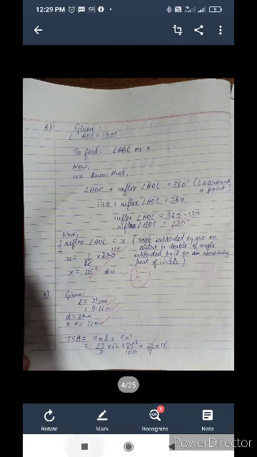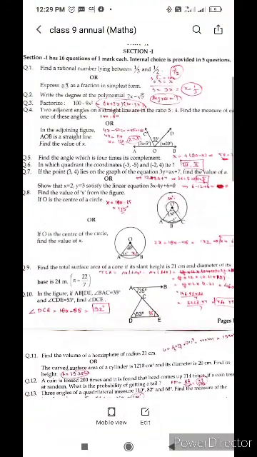Now we know that angle subtended by a chord or arc at the center is double of the angle subtended on the circumference.